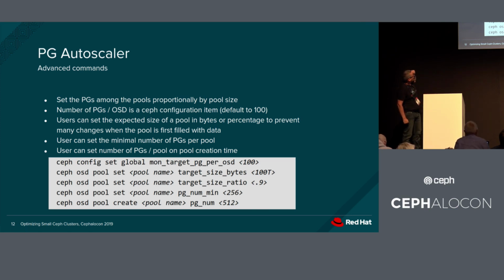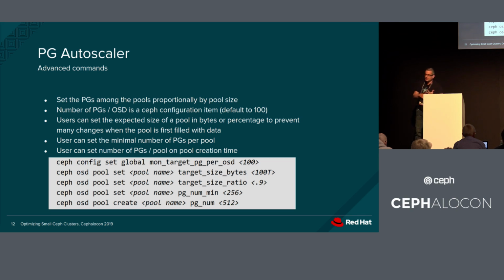So we can have the number of PGs per OSD changed for a small number of OSDs. It's important. The default is good for a large cluster. It's less optimal for smaller clusters. We could set the expected size. You could say the minimal number of PGs per pool, and you could set the number at pool creation time.